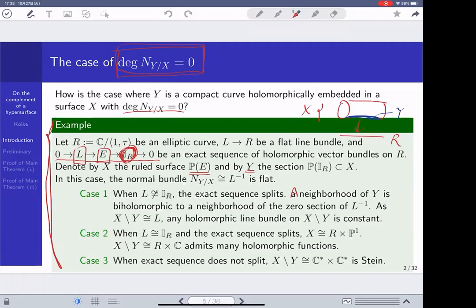So the complement X minus Y is biholomorphic to L. So everything is very clear in this case.